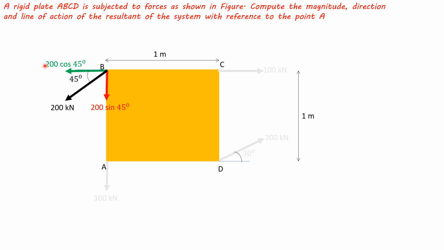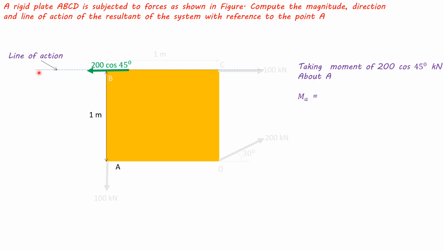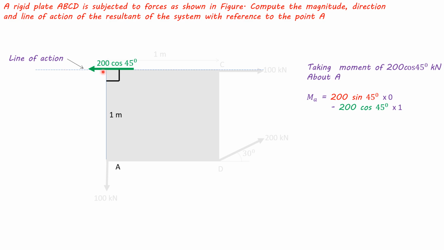Now, taking moment of this 200 cos 45 and this 200 sin 45 degrees about point A. This is the line of action of the 200 cos 45 degrees force. The perpendicular distance is 1 meter, and this component rotates anti-clockwise, so it is 200 cos 45 degrees into 1, minus, as it is rotating anti-clockwise.